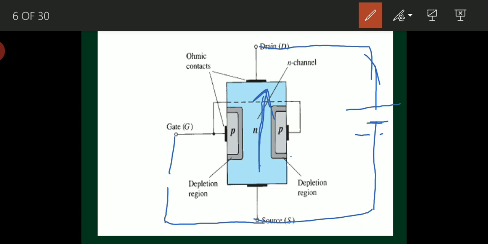Let us forget about the depletion region now. I just want to tell you the direction of currents in an n-channel JFET. That's it, right? So when electrons move like this, what will happen?